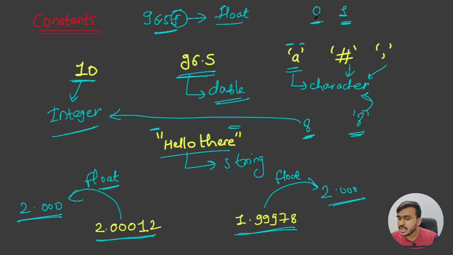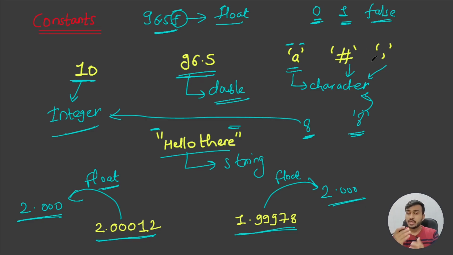In order to represent a falsy value, you have a keyword called false, where everything is small case. Okay, see, C++ is a case sensitive language, so writing false where everything is small case is different than writing false where everything is capital case.